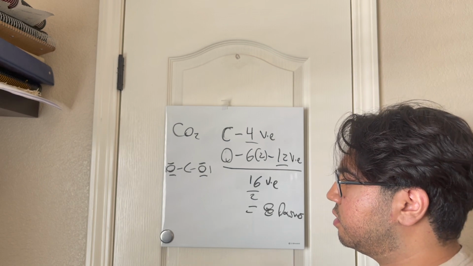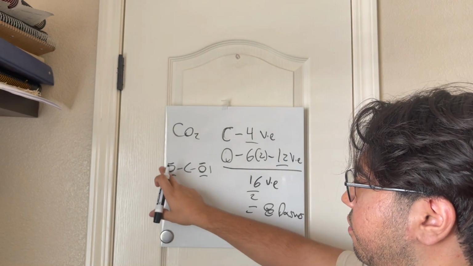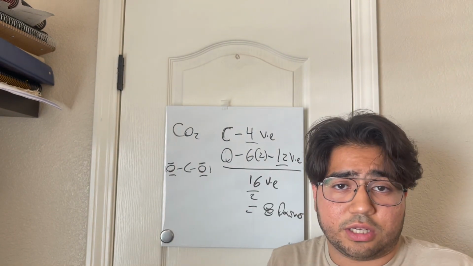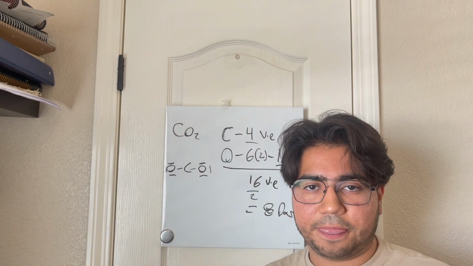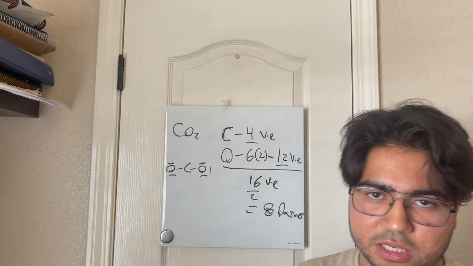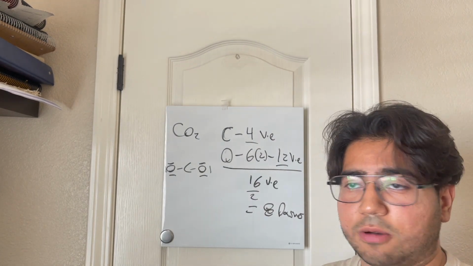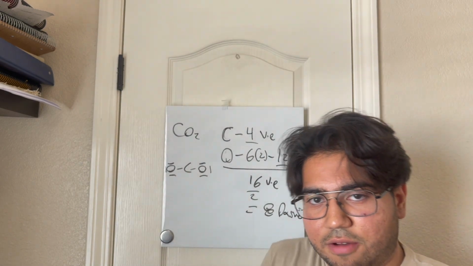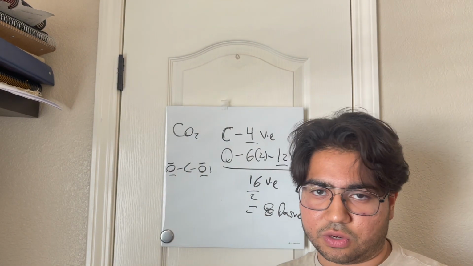Okay, so then we have 1, 2, 3, 4, 5, 6, 7, 8. So oxygen is following the octet rule. Okay, and this one looks the same, so it must be true. Now for carbon, we just have 1, 2, 3, 4. We just have 4 electrons around it.